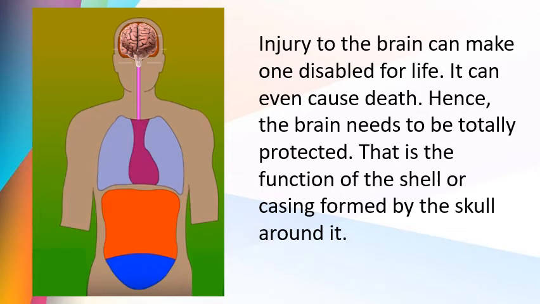Here you can see this is a skull. Correct? What is the function of the skull? The function of the skull is to protect our brain. Got that? Yes, because of this skull, our brain is safe and secure.